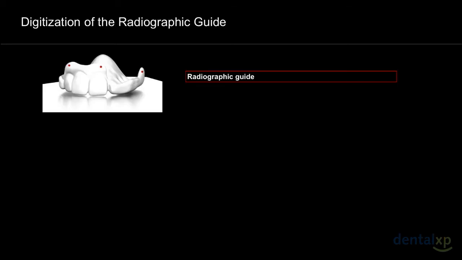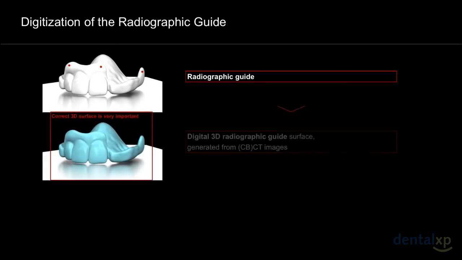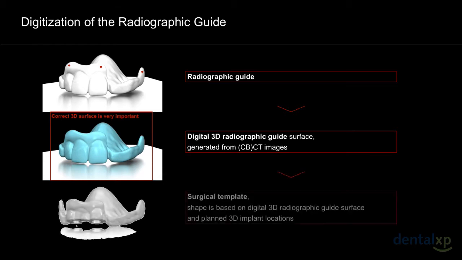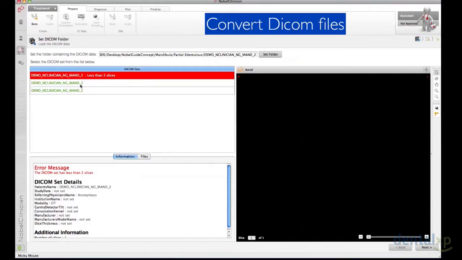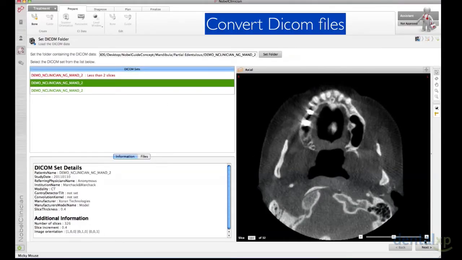Those two can then be superimposed on each other, so we can create a digital or three-dimensional template of the radiographic guide, and from there create a surgical template that is transferred. We need to make sure that all those positions are exactly the same on the patient, so that we can then take these DICOM files into the patient.